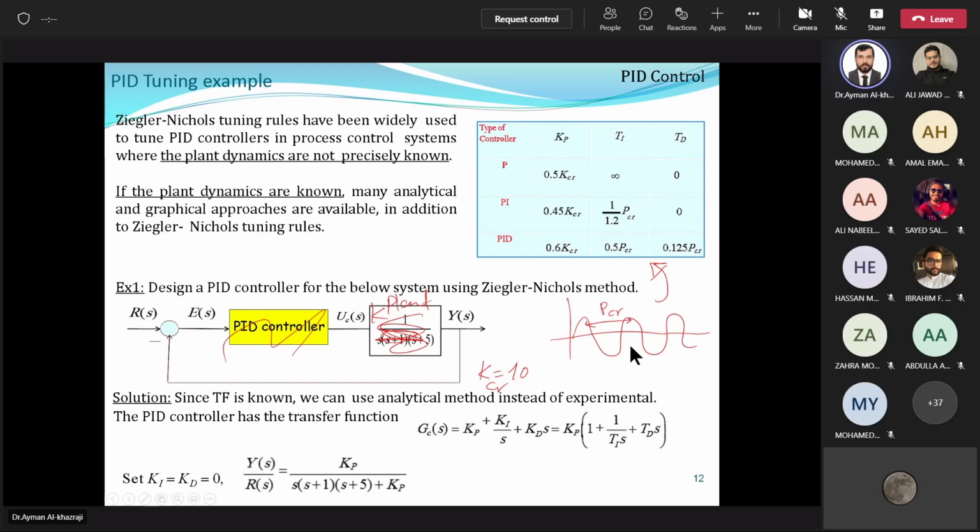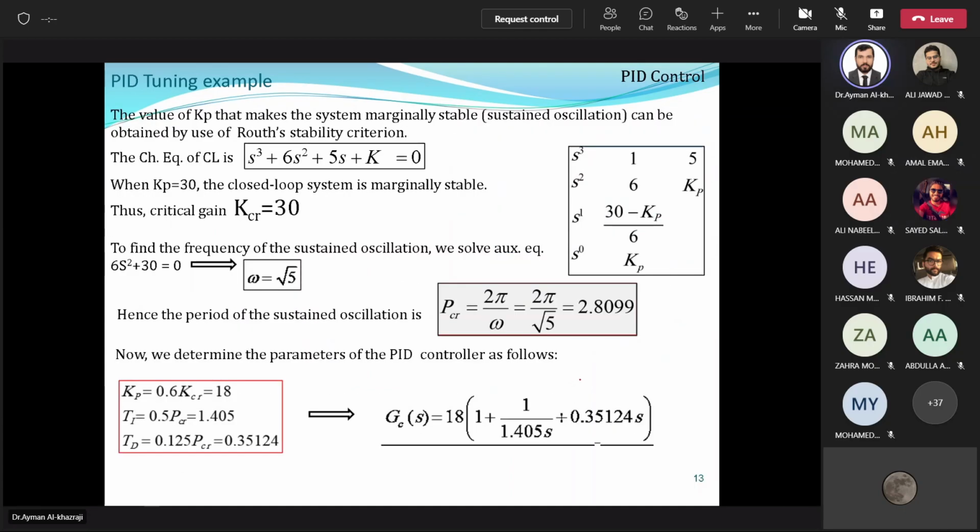This is the time. PCR is the time. You have a wave. You need to see what is this distance from here to here. We have solved this. For example, here you have PCR, if you find either the equation or the graph.